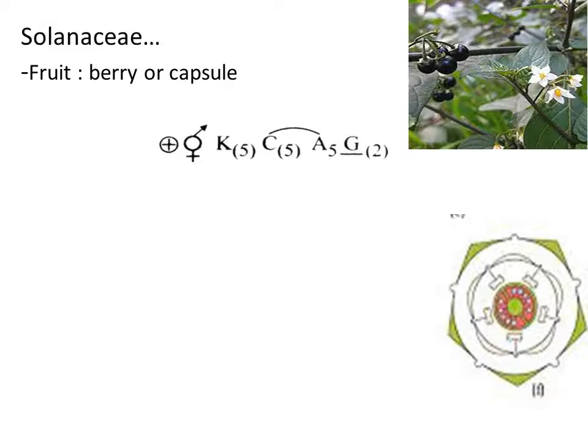Yes, the kind of fruit in the Solanaceae family is berry, or in some cases we can see capsule. Especially in Solanum nigrum, the example plant we have taken to explain the characteristic features, the plant is showing berry. On the screen we have the actual fruit of Solanum nigrum.